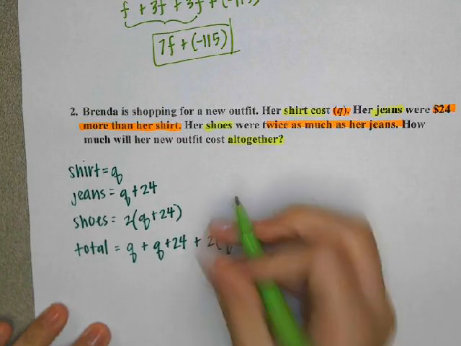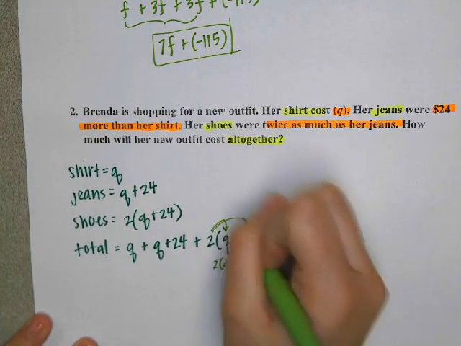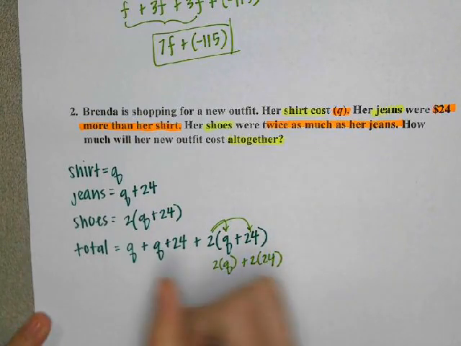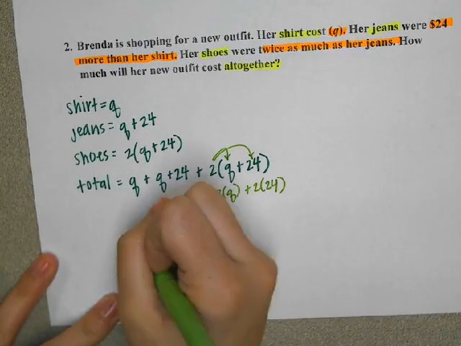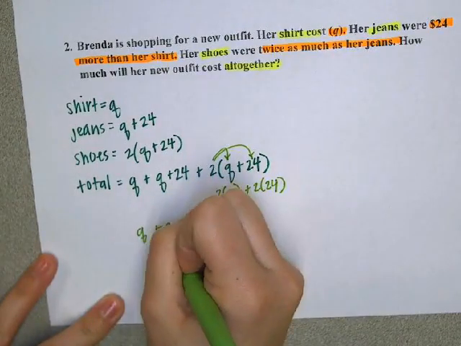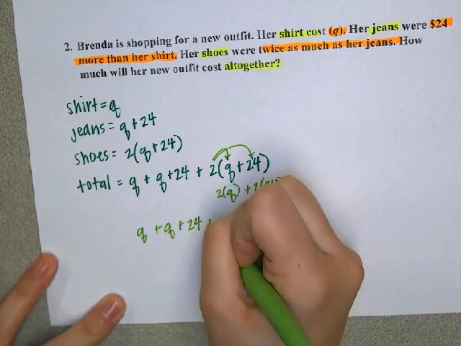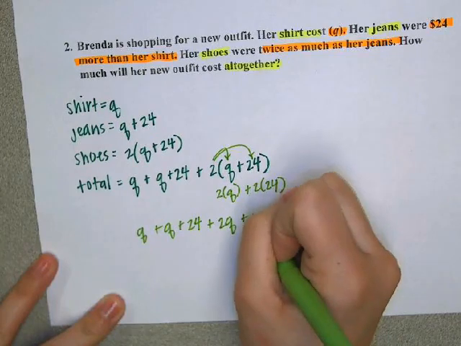This 2 needs to be multiplied, so 2 times Q plus 2 times 24. And then after we do the multiplication, we can just bring down the rest of the problem. So I have Q plus 24 plus 2Q plus 2 times 24 is 48.